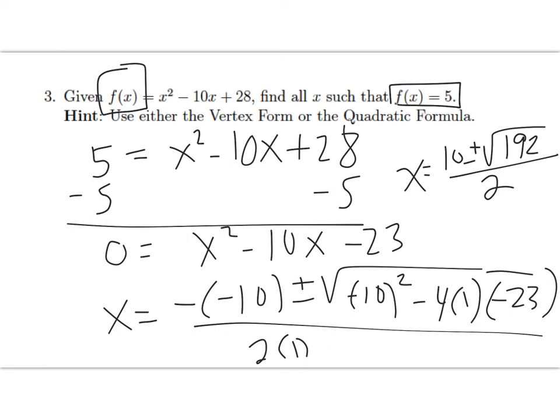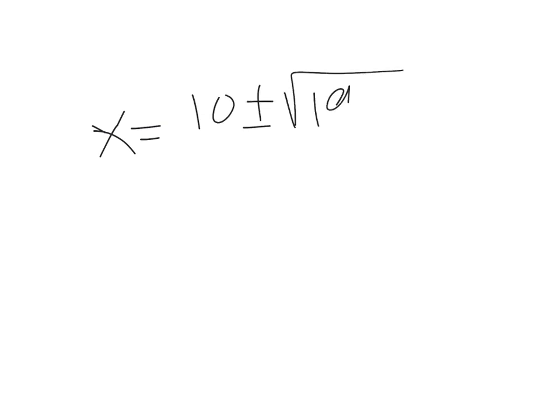So x equals 10 plus or minus the square root of 192 over 2. We should clean this up.